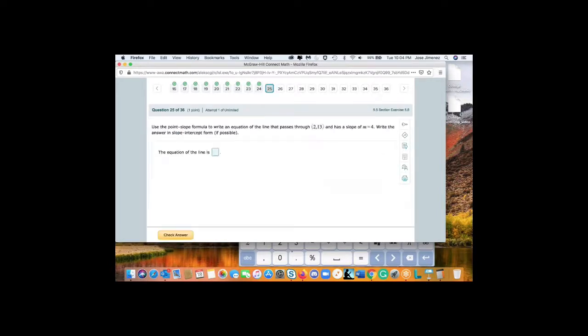Number 25. There's a way to find the formula very quickly. Remember, we have a point (2, 13) and we have a slope. Those are the two things we have. The ordered pair is (2, 13), and the slope is equal to 4.